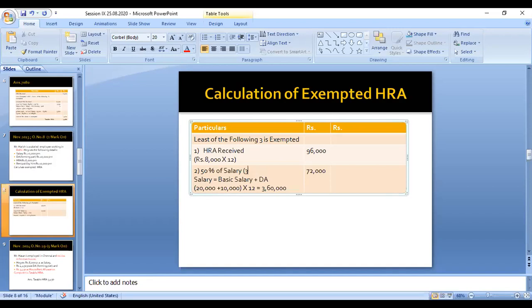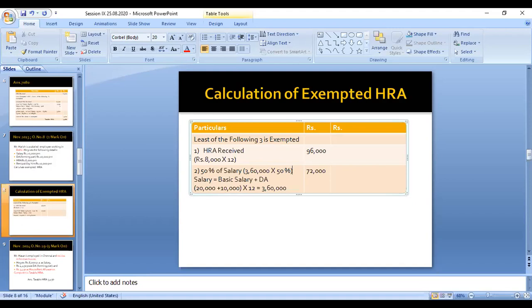How to calculate? 3 lakh 60,000 into 50 percent, that is 3 lakh 60,000 into 50 divided by 100.